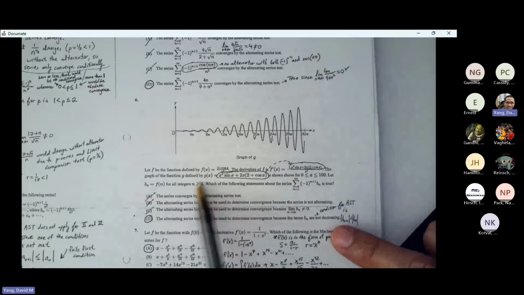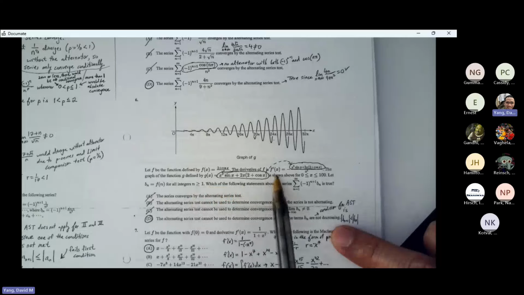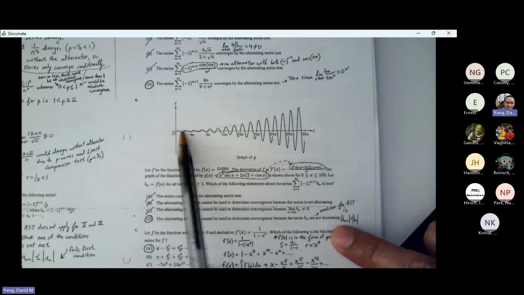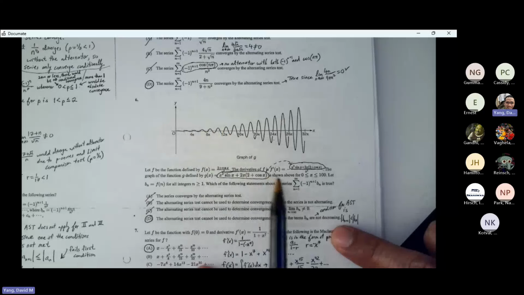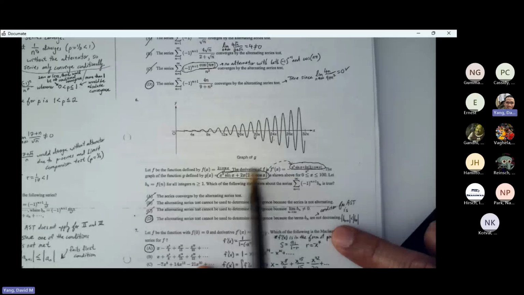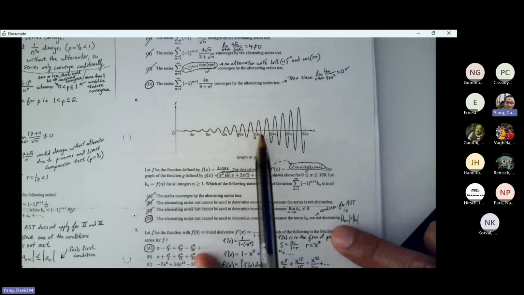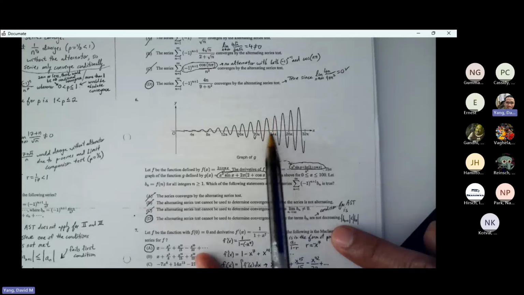My f prime is made up of g of x, and g of x is this alternator. So my f prime has a component in the numerator that keeps increasing and decreasing, right? The slope is a positive slope followed by a negative slope.